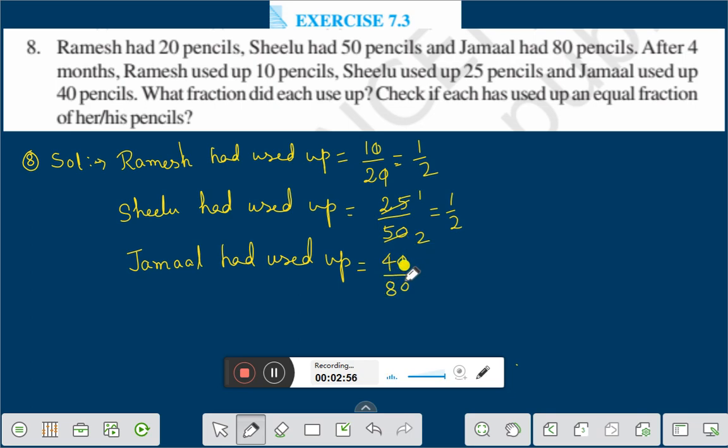That is 0 will cut, and 4 1 is 4, 4 2 is 8, 4 1 is 4, that is 1 by 2, right? That means all of them had used up 1 by 2 part, right?